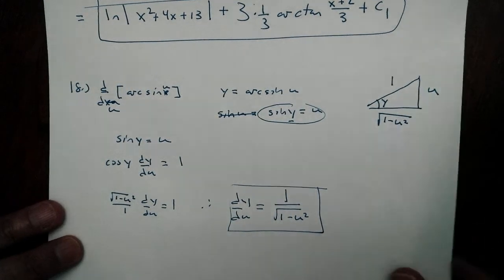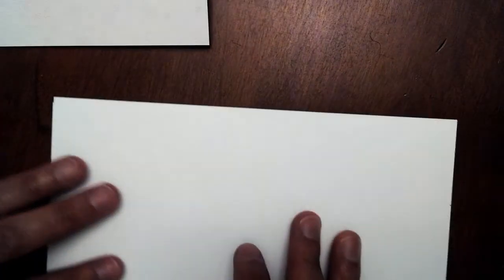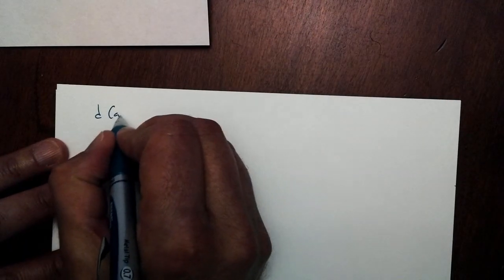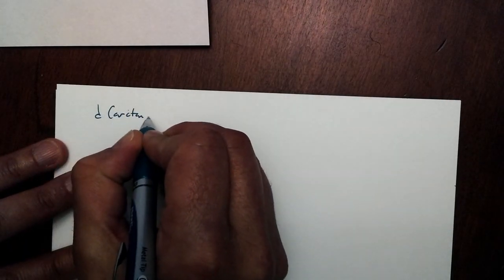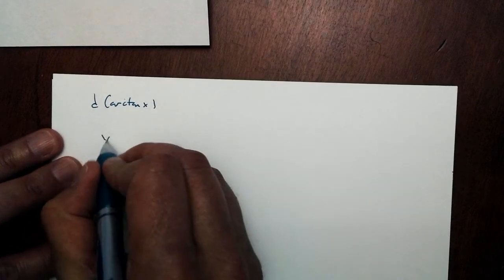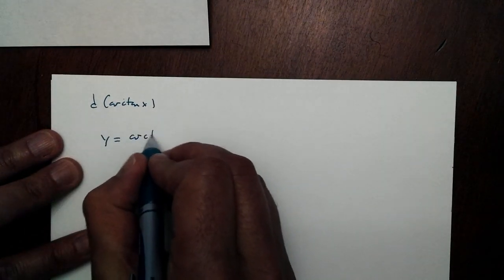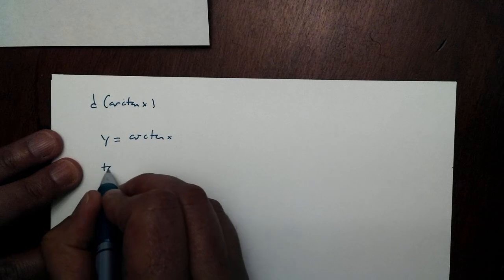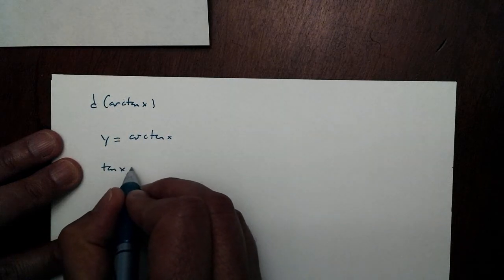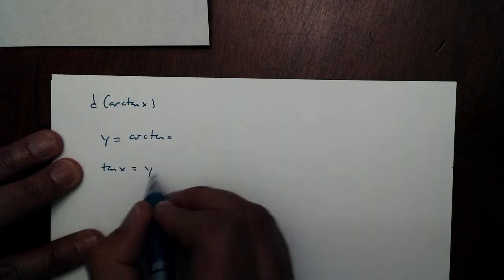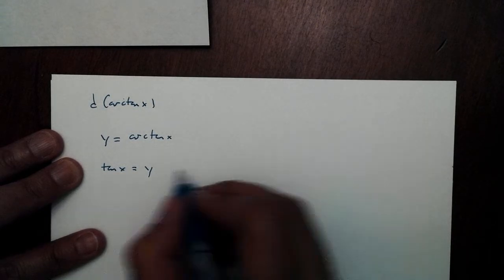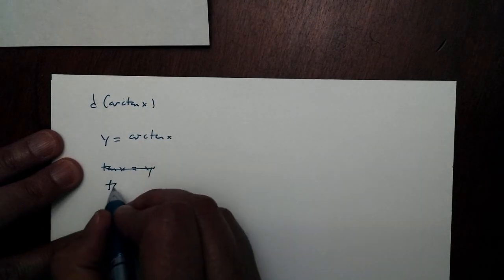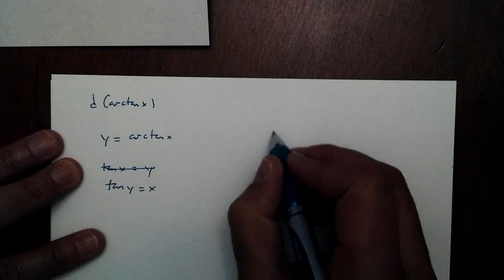And you can do this with all of them. Ready? Let's try another one. What if I want to find the derivative of arctangent? Arctangent of x. Well, if I let y equal the arctangent of x, I know that the tangent of y equals x.